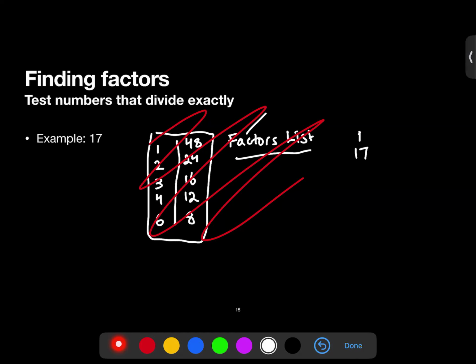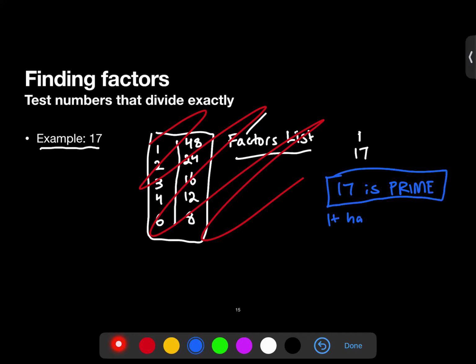So what does this mean? What type of number is 17? Prime number. Correct. So 17 is prime because it has only two factors. 1 and itself.